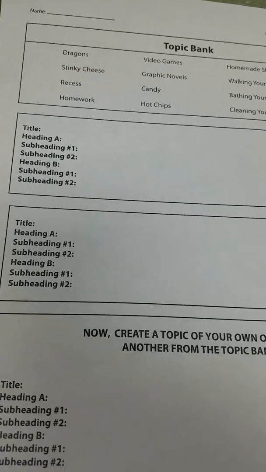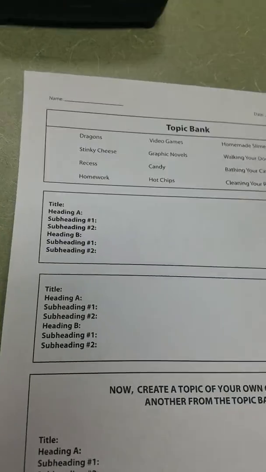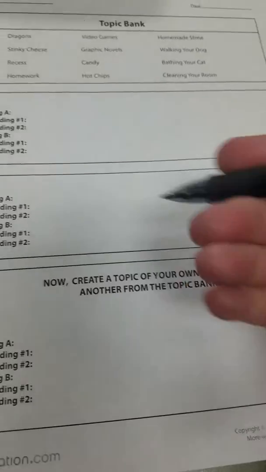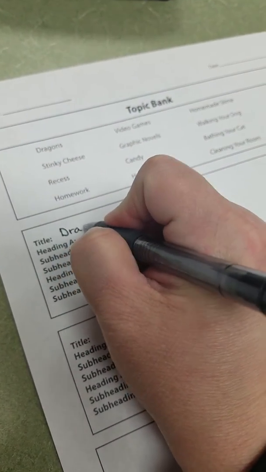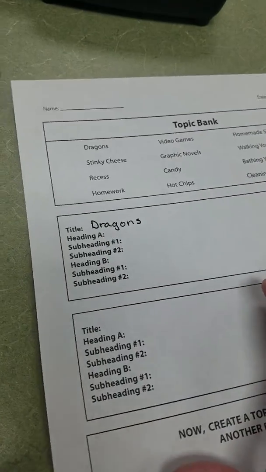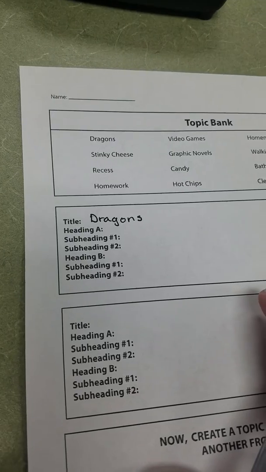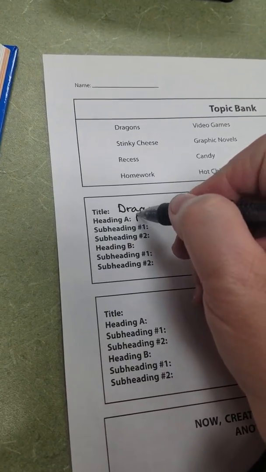So I'm going to do this first one with you. Here's the worksheet that you're about to do. And we are going to do dragons. So I'm going to make our title be dragons. And my heading for dragons, let's do some descriptions.